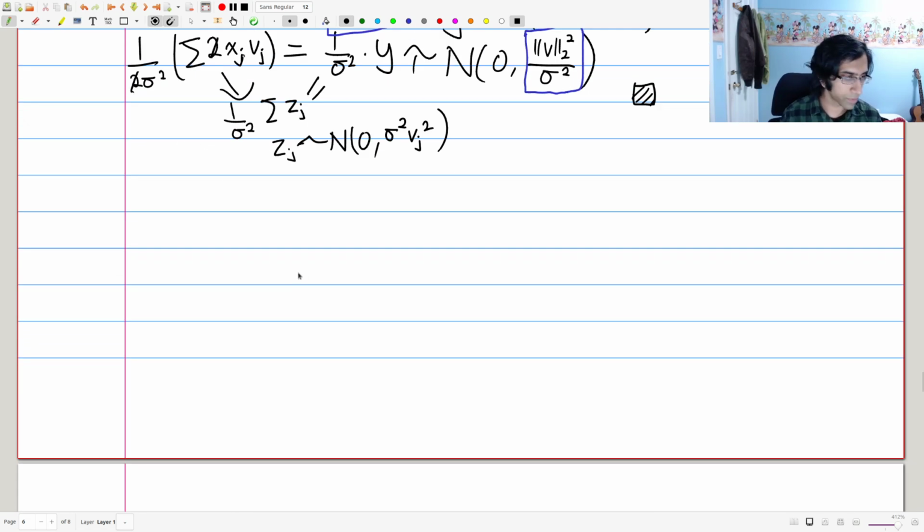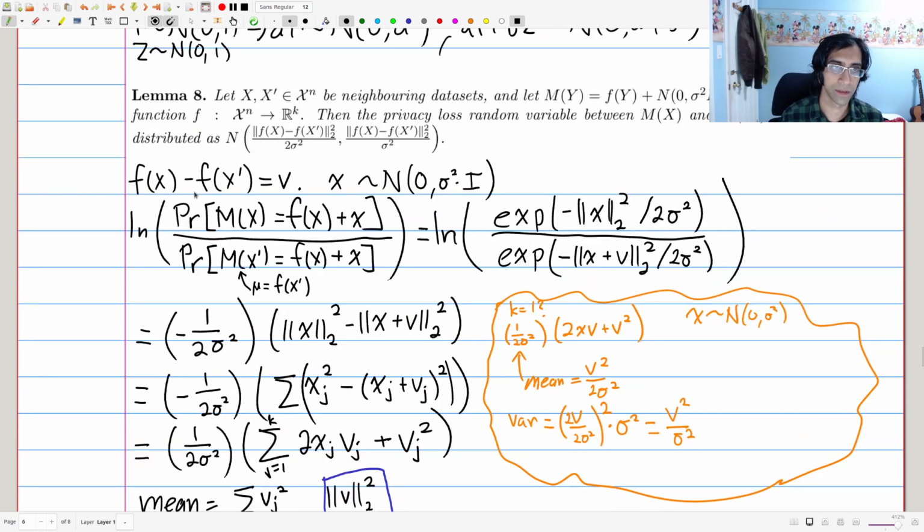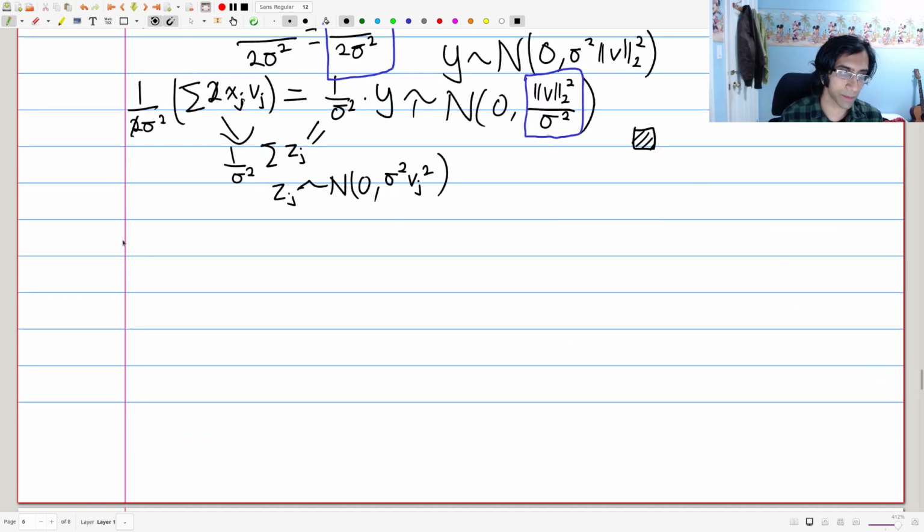Okay, so what are we saying now? The privacy loss random variable is the following. Let's write it in a kind of weird way. We're going to say that the privacy loss L on x prime is equal to the following.